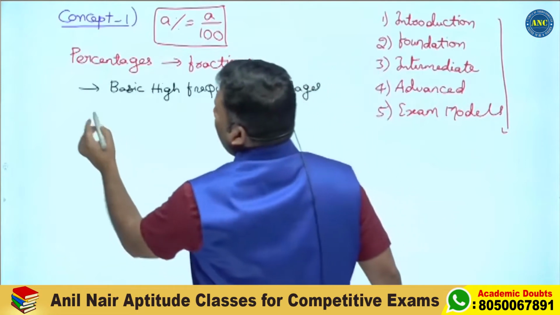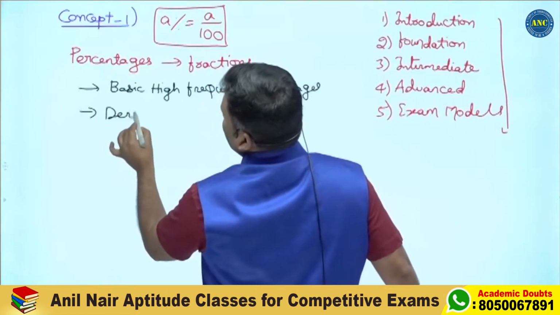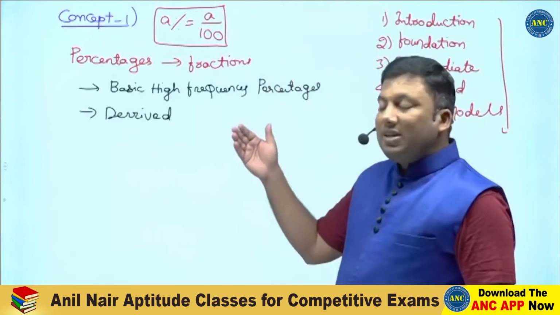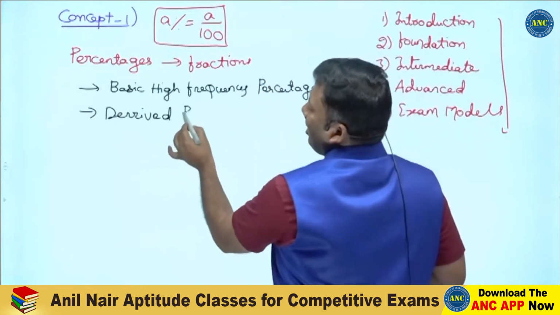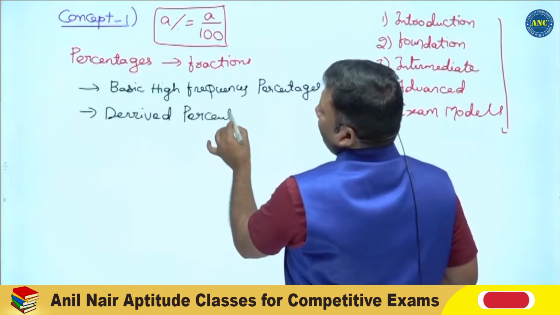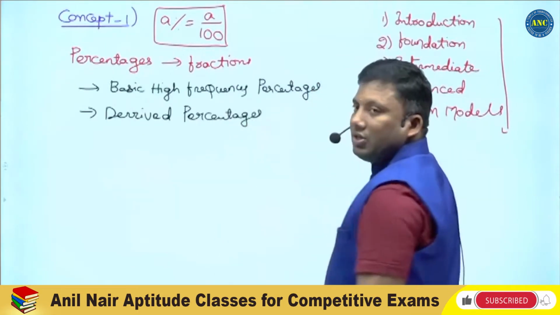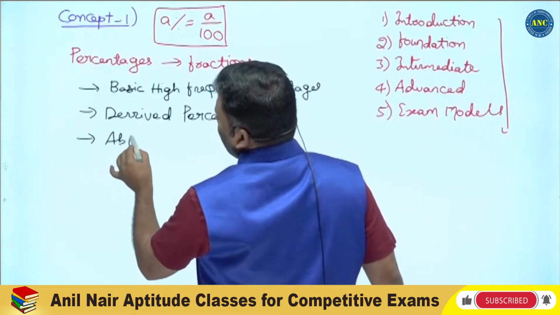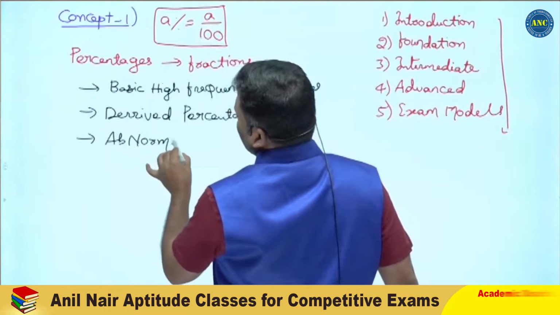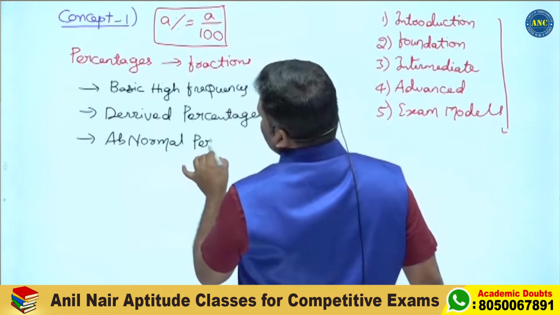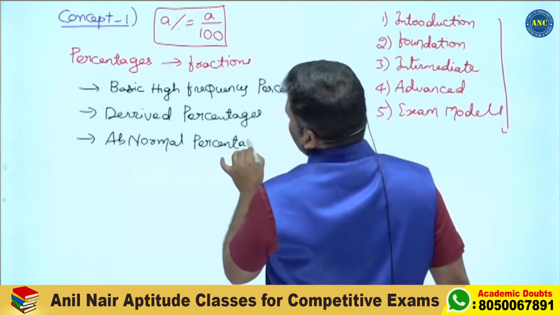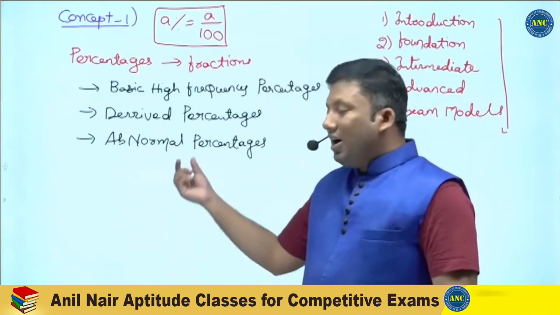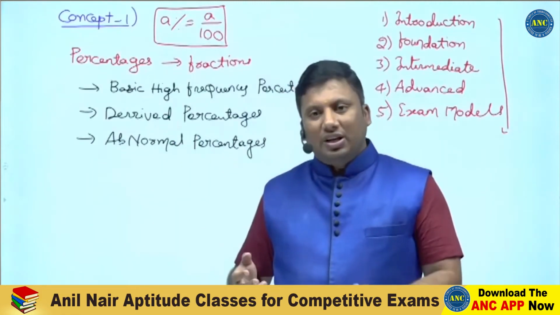Then derived percentages: the values which are derived from the basic high frequency percentages. Next, abnormal percentages, like 13.285 percent. These are percentages which take a lot of time to compute the fractions for.